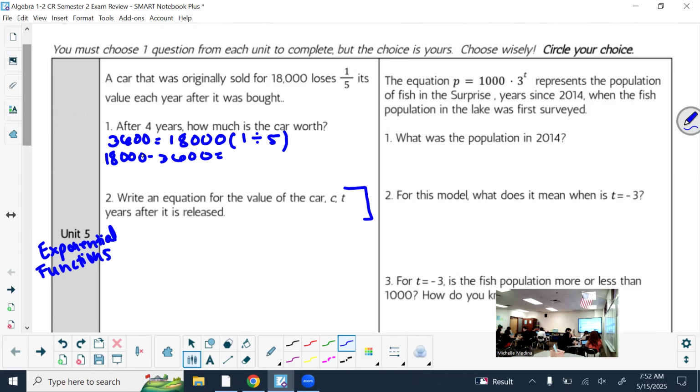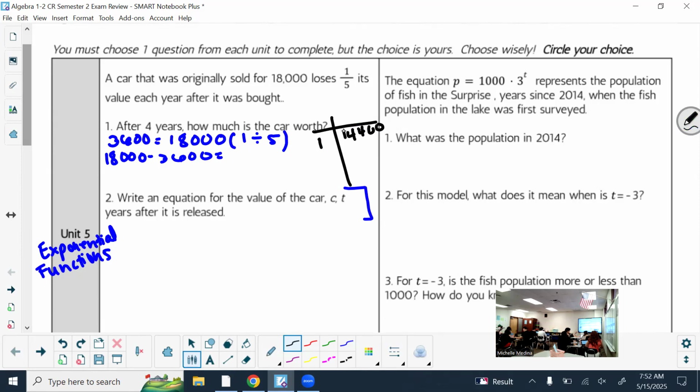All right, so 18,000 minus 3,600 is 14,400, what it's worth after 1 year. So maybe let me make a table. After 1 year, it's worth 14,400. Now that doesn't mean that it's losing 3,600 each year.